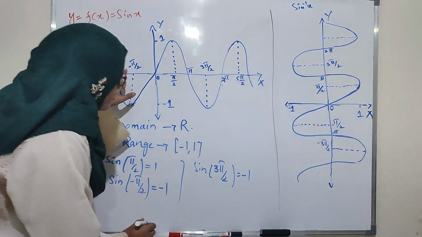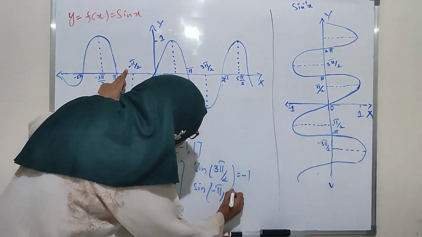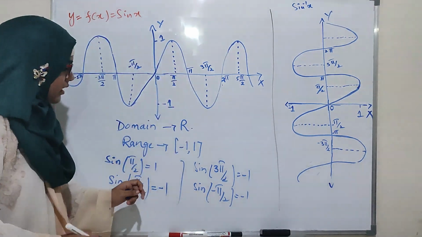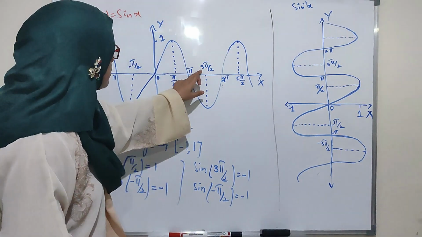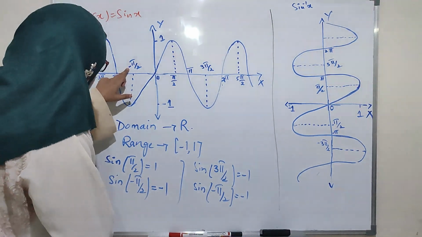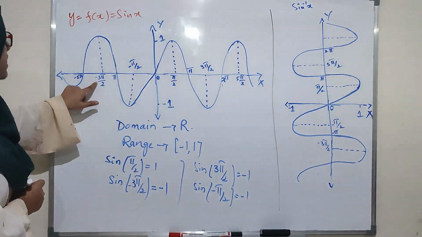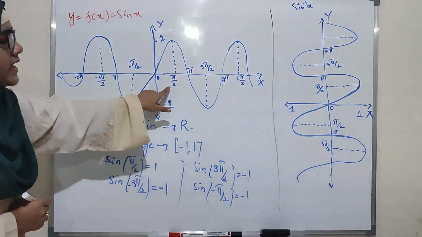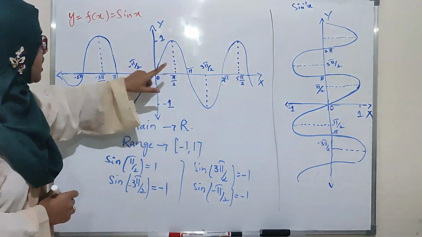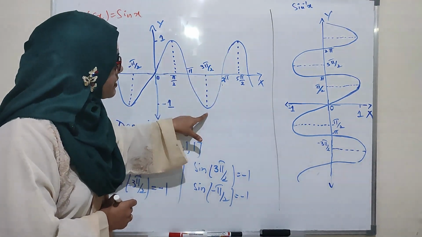Sorry, here it is -3 pi by 2: sine -3 pi by 2 is +1, and sine pi by 2 is +1. Sine minus pi by 2 is -1. Sine 3 pi by 2 is -1.